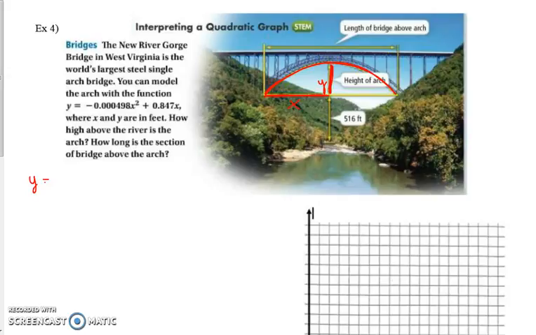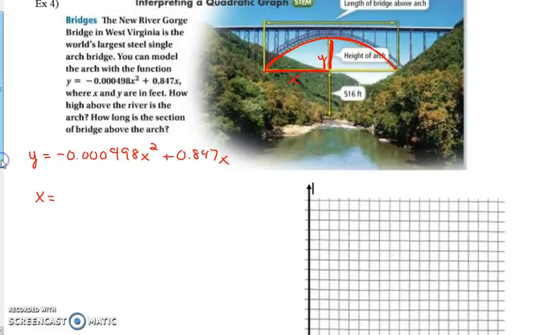So I have the function y equals -0.000498x squared plus 0.847x. And I'm going to use my axis of symmetry formula. X equals -b over 2a. So -0.847 over 2 times -0.000498.